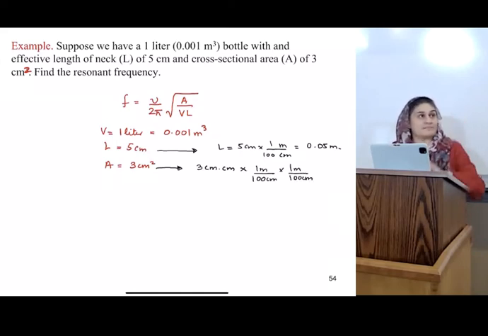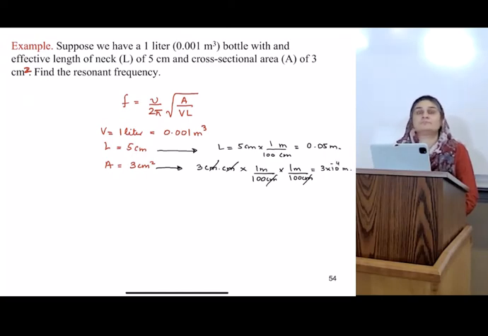We have to do it twice. So 1 centimeter goes away and 1 centimeter goes away. And I will get 1, 2, 3, 4: 3 times 10 to the minus 4 meters squared. Oh, you could use your calculator. It'll be 0.0003.